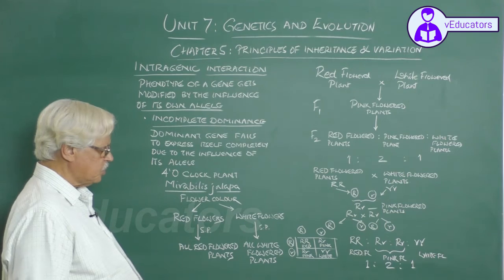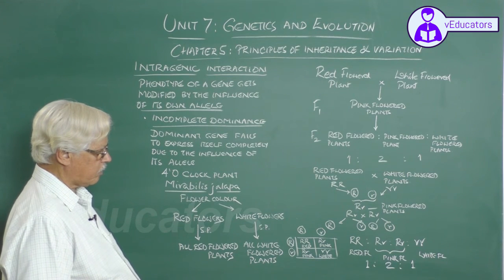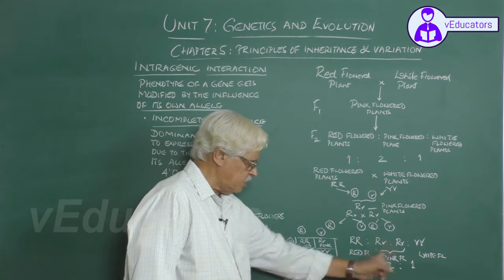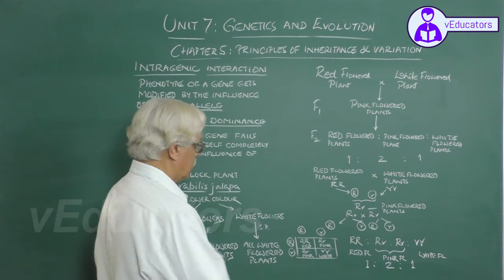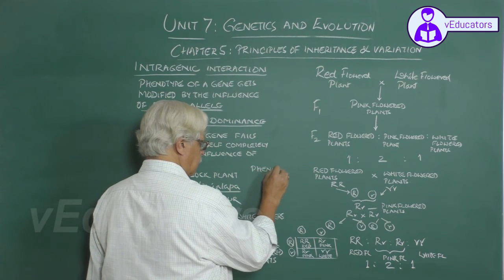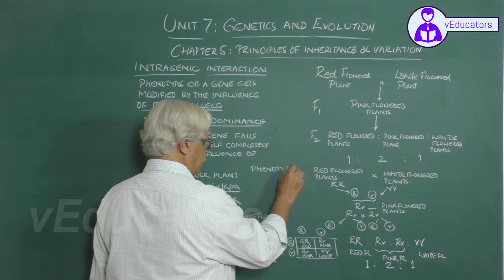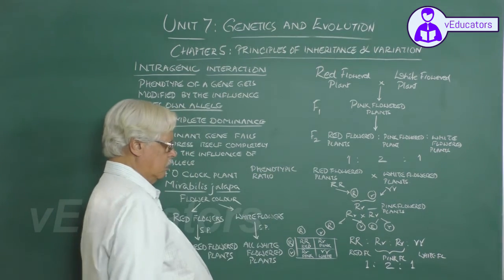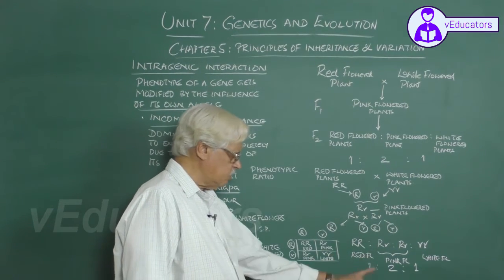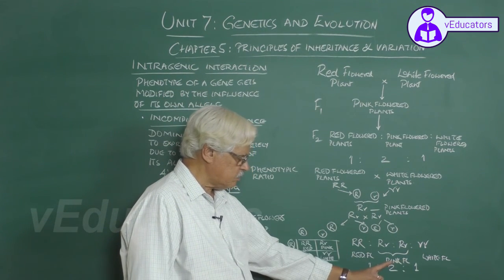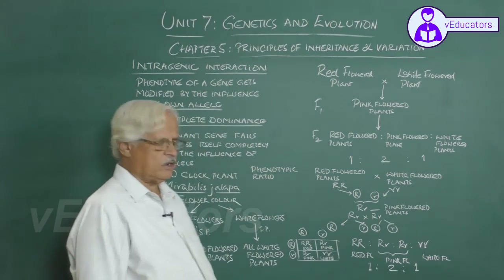Now look at this situation here. This 1:2:1 ratio is not only the phenotypic ratio. This is a red flowered plant, these two are pink flowered plants, this is a white flowered plant.